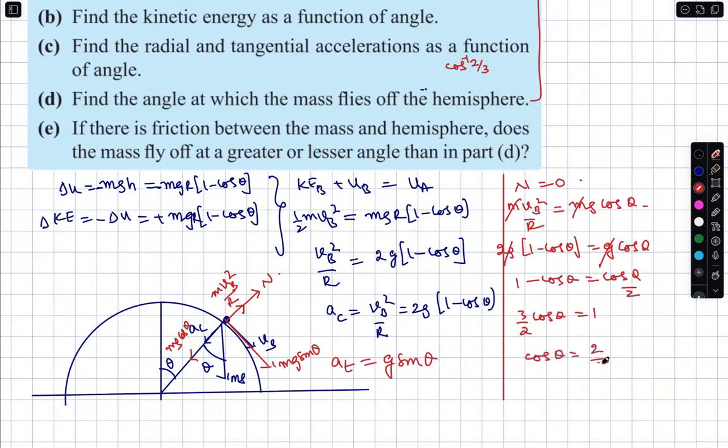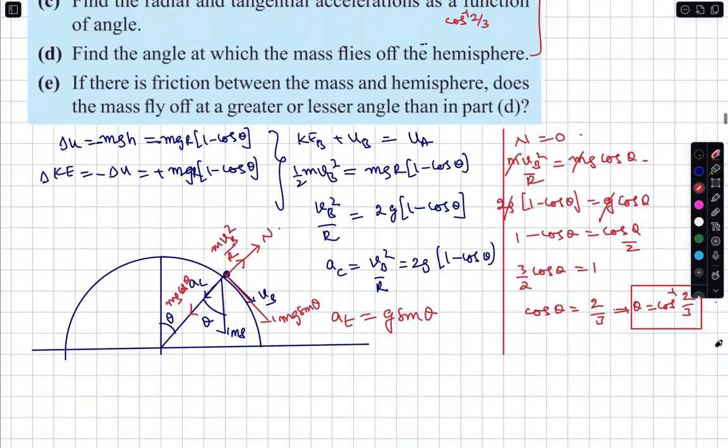Cos theta is 2 by 3. Implies theta is cos inverse 2 by 3. Any doubts? Find the angle at which the mass flies off, given: cos inverse 2 by 3.